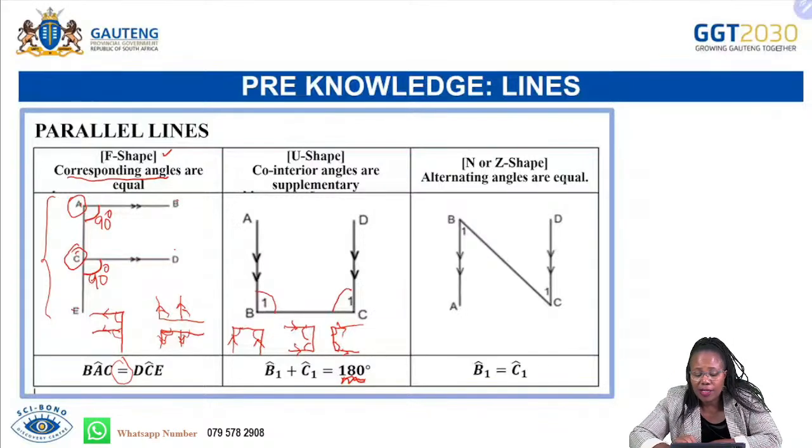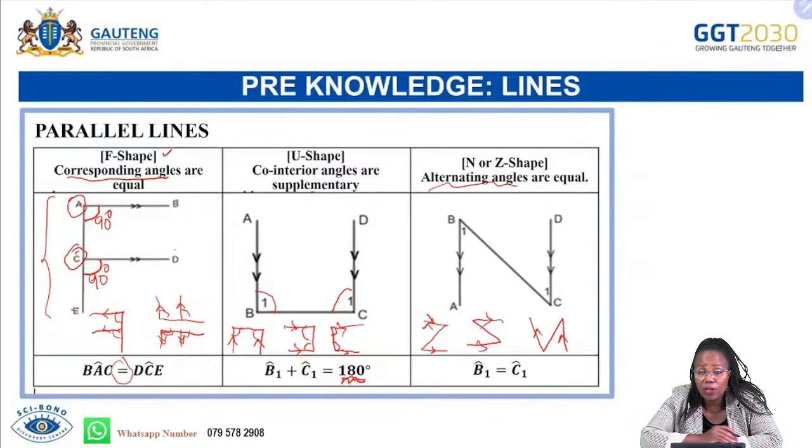And then the Z shape or the N shape can also face any direction. It can be like that, or in that format, or in this way. As long as it is between the parallel lines, those are the alternating angles.